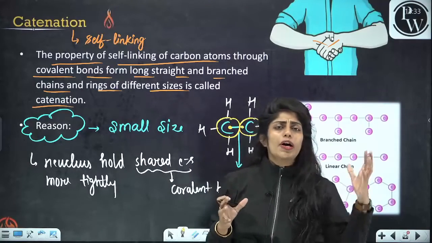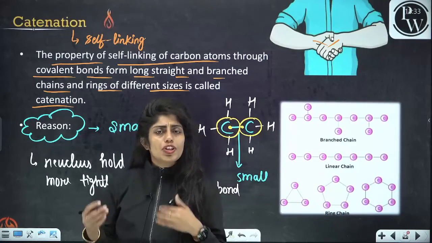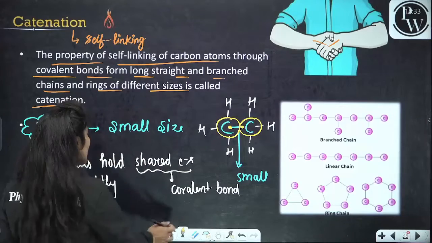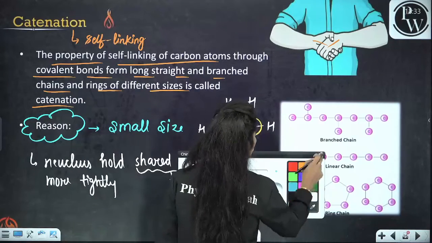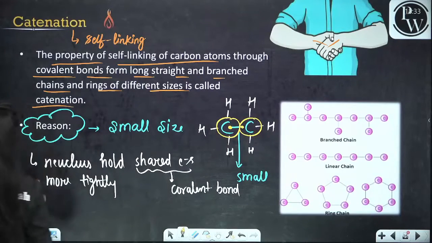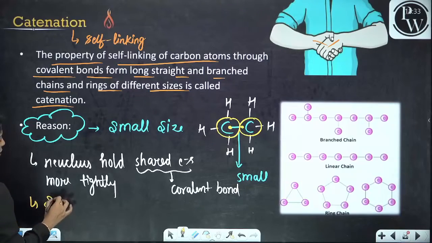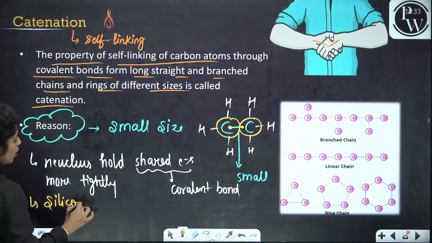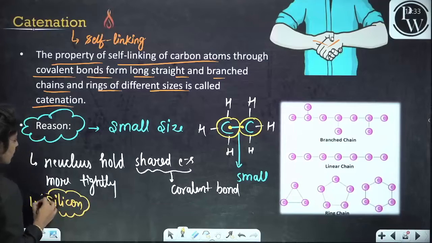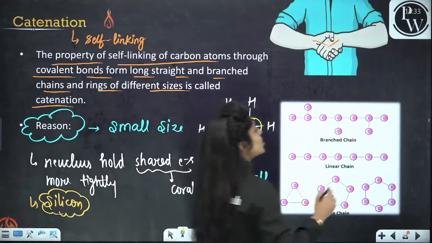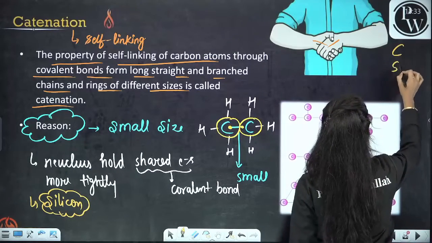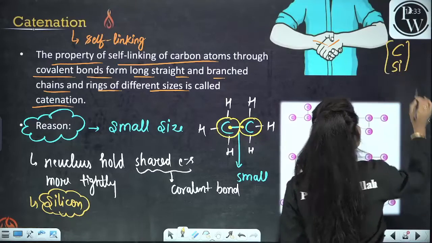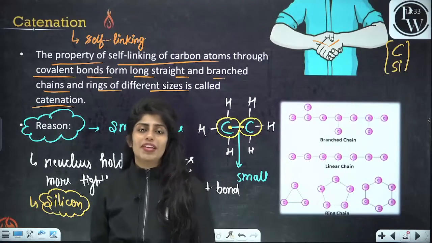Now if I talk about whether any other element can also show catenation, your answer should be yes ma'am. So it's silicon. In the periodic table, if you see, this is your carbon, and this will be your silicon. So carbon and silicon belong to the same family.